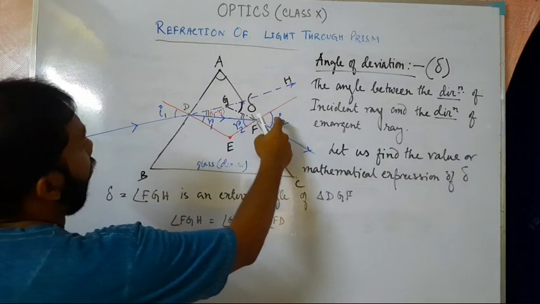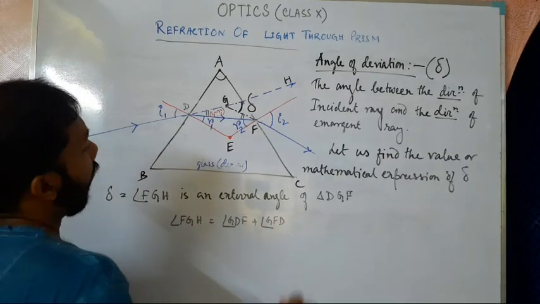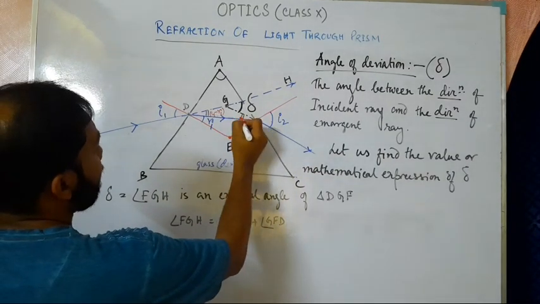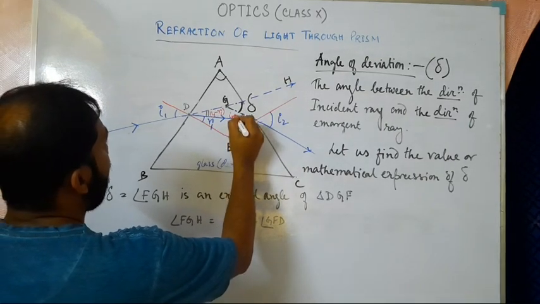Similarly, I2 is this total angle, vertically opposite, and if we subtract R2 from I2, we'll get this small amount of angle. So it will be I2 minus R2.